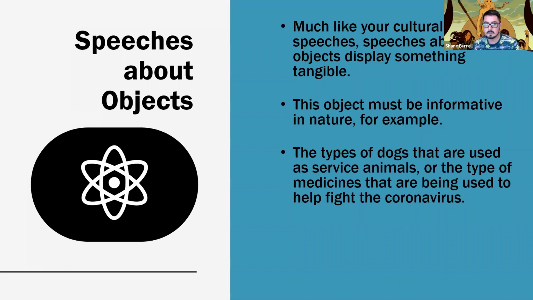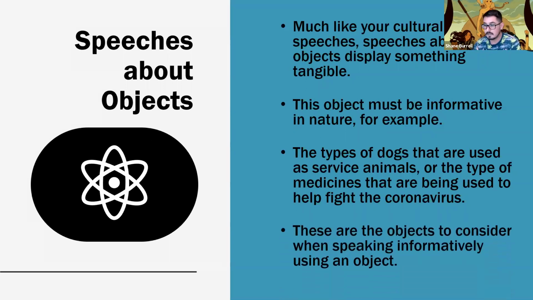These are particular things you're able to speak about as they are objects, but you're speaking about them informatively, because you're going to have to do research for your informative speeches. And this is why this one is so important to understand: you're going to have to cite everything, right?